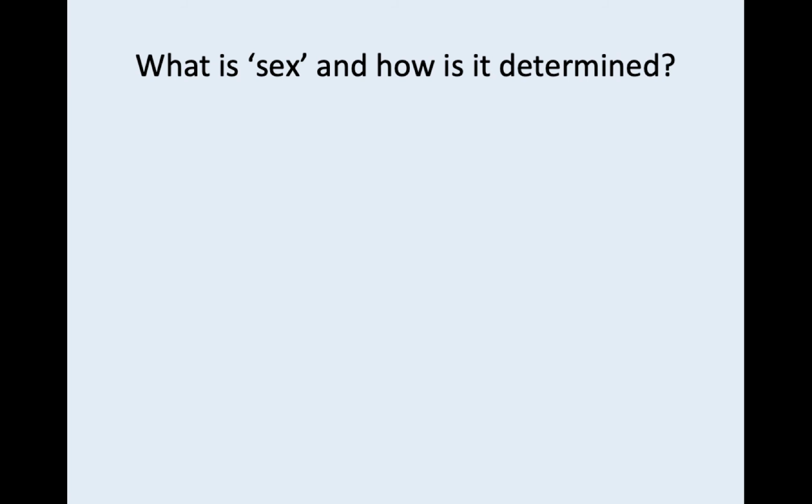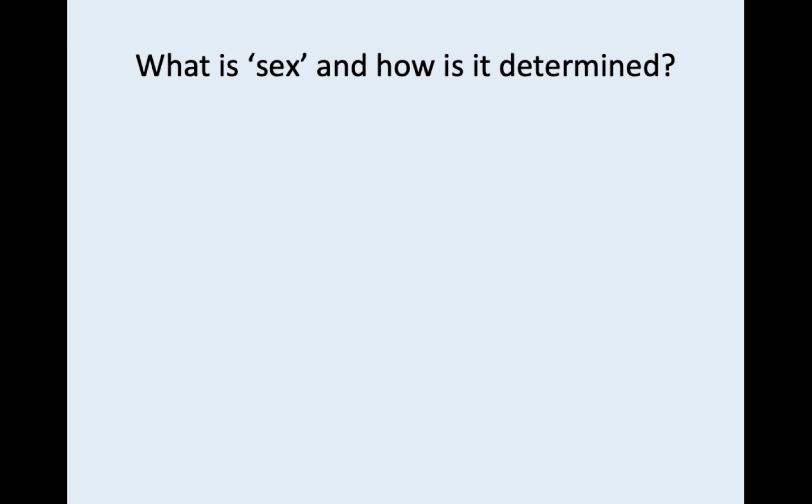Right, one thing we need to just talk about a little bit is what exactly sex is. This is especially difficult for us because we have the word sex and we have the word gender. Like, what do these mean? So in biology, all we're talking about when we talk about the word sex is what gender are you biologically in terms of your chromosomes. We're not talking about what gender you identify as.